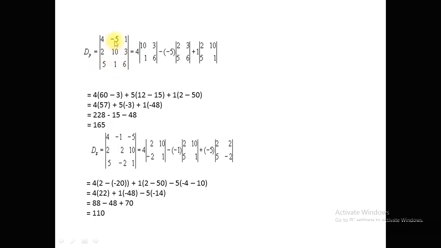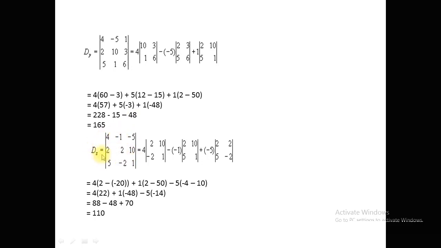For Dy, replace the second column of the coefficient matrix by the constants, and find the determinant of this by using cofactor expansion along R1. We obtain the determinant Dy is equal to 165. Similarly find the determinant Dz. For Dz, replace the third column by the constants on the right hand side of the given system.